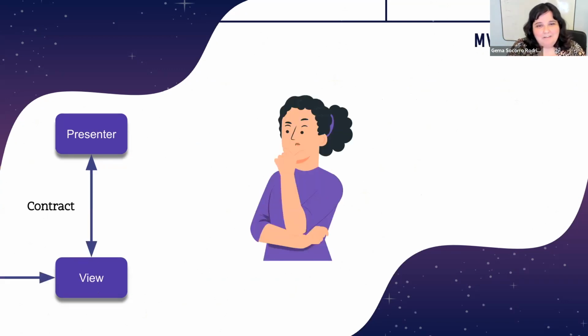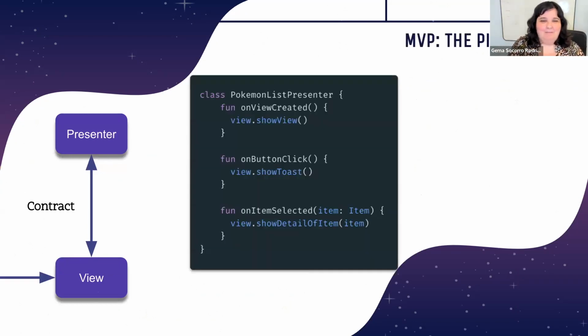But not everything is fine. We always have some cons, and in this case it is what I call the ping pong, which happens when you are continually sending messages from the view to the presenter to the view again. So for example, imagine that I click a button, then from the presenter you say you have to show a toast.